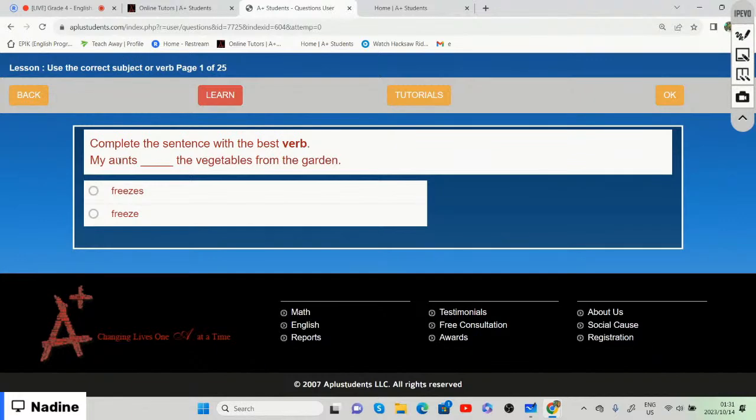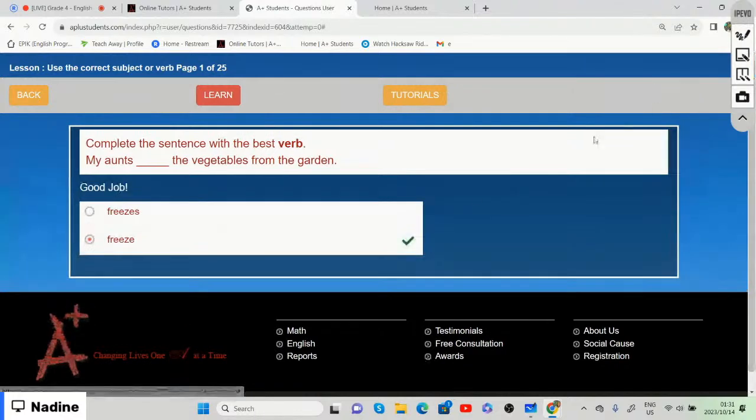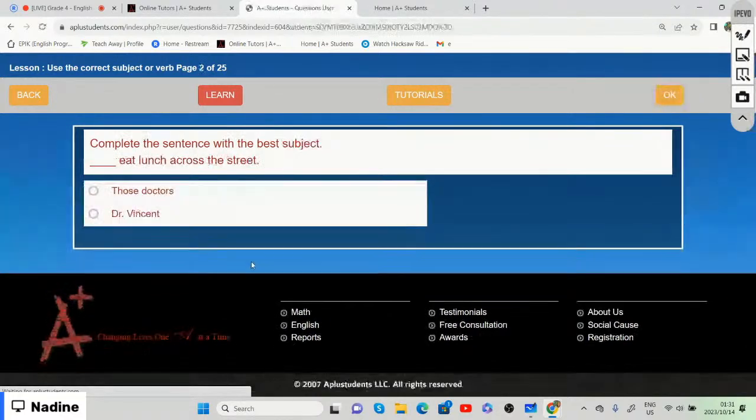So my aunts, do we say she freezes, sorry, or freeze the vegetables from the garden? All right, so we'll choose option two. So option two, which says that my aunts freeze the vegetables from the garden. So well done.